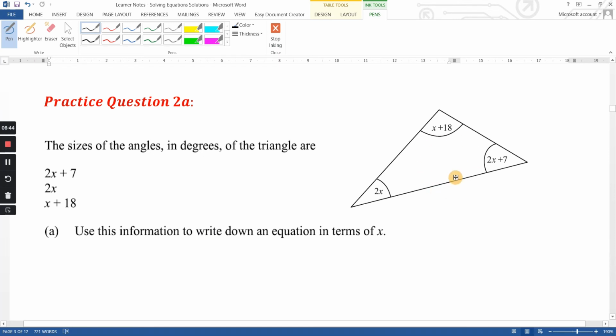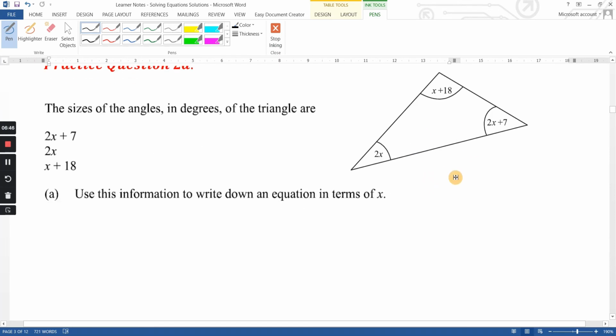We should know that angles in a triangle add up to 180. So this plus this plus this. Let's write that down: 2x plus x plus 18 plus 2x plus 7 should all equal 180.